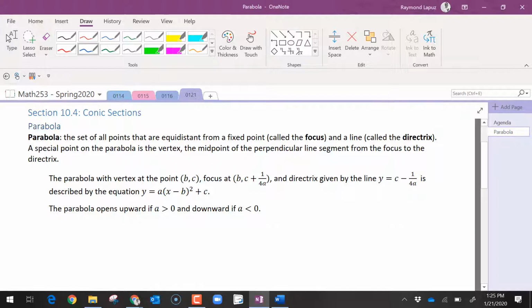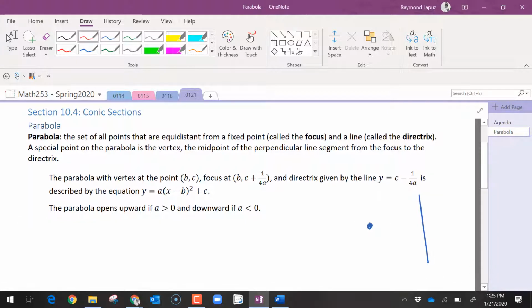The idea is that you have a point and you have a line, and anything that's equidistant from that point and that line. So if you have a point here that has the same distance from the point and the line, that is going to be part of the parabola. Now, if you pick another point out here, and the distance between the point and that line is not equidistant, then this is not part of the parabola.